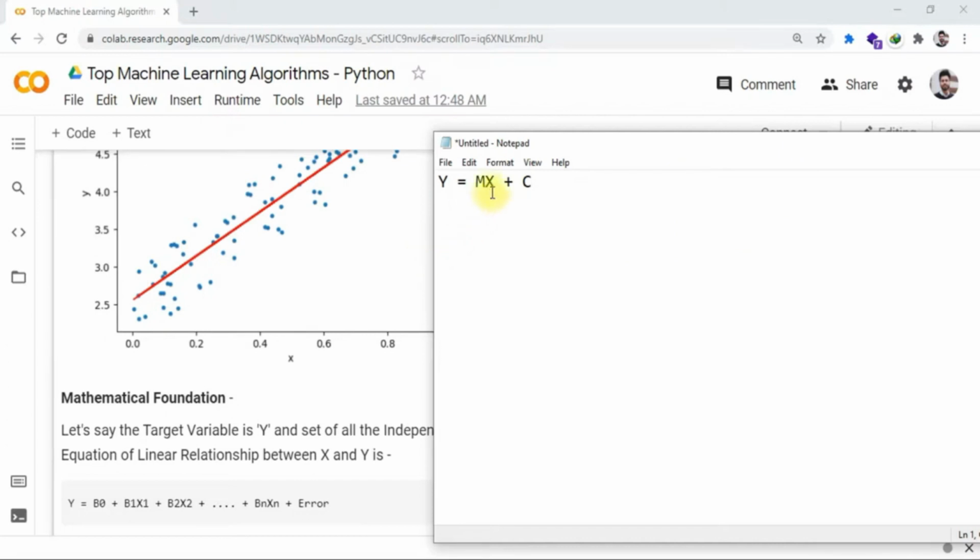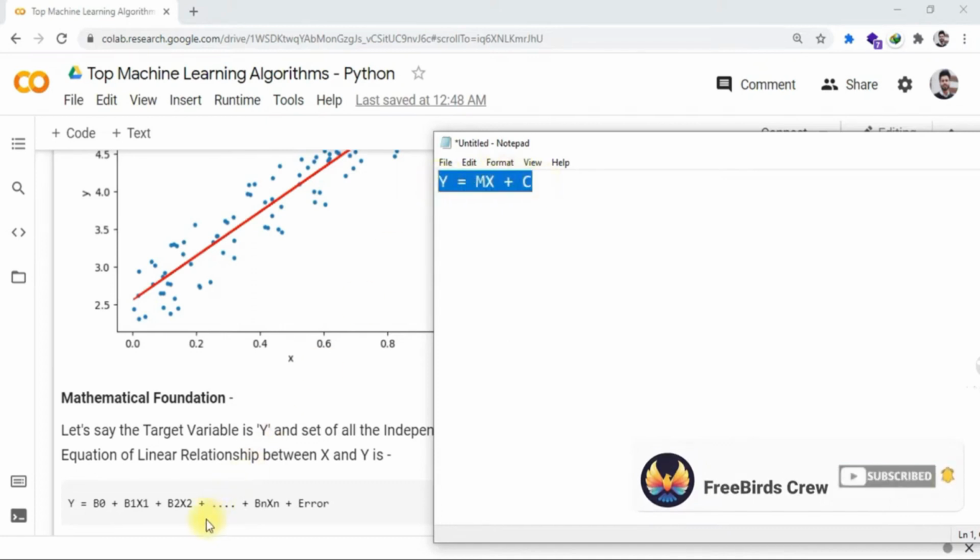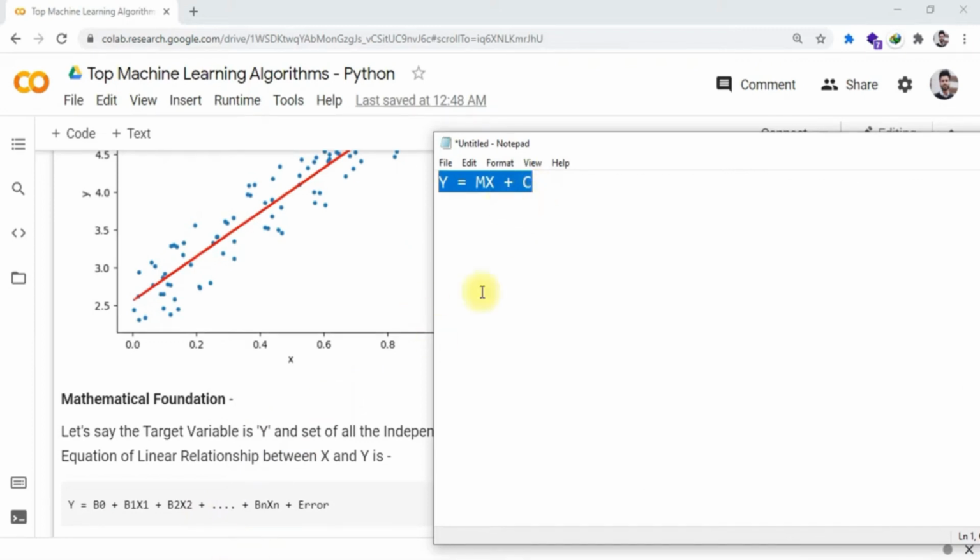Here m is the slope of the line, c is the intercept, x is the value of x, and y is the value of y which is going to be predicted, which is going to be calculated. These two equations are very similar to each other, but at last there is an error. That error is the difference between the actual value and the predicted value.